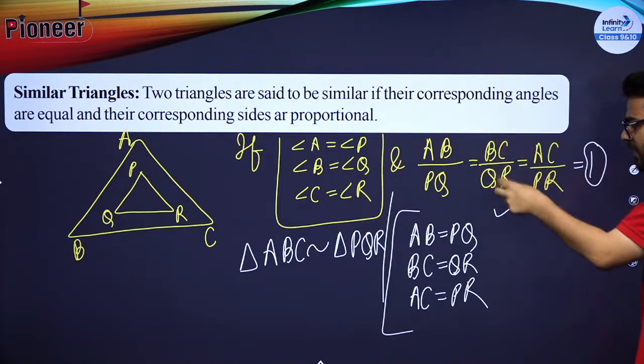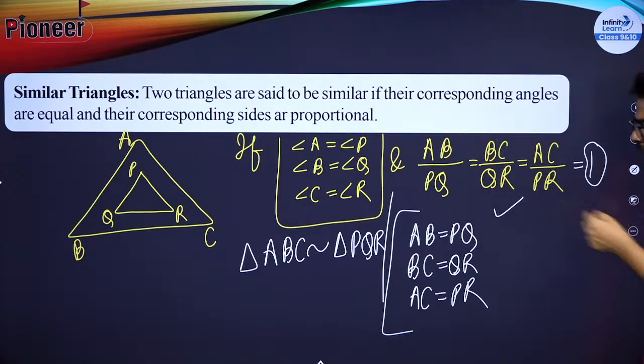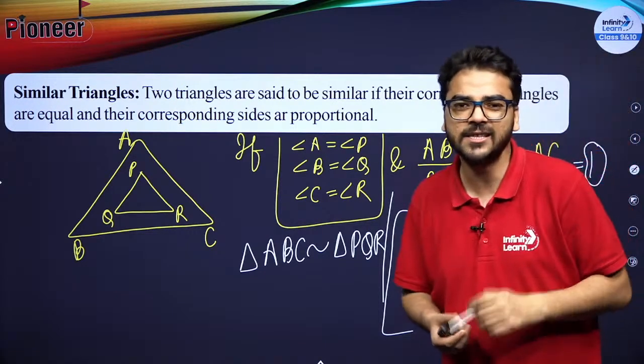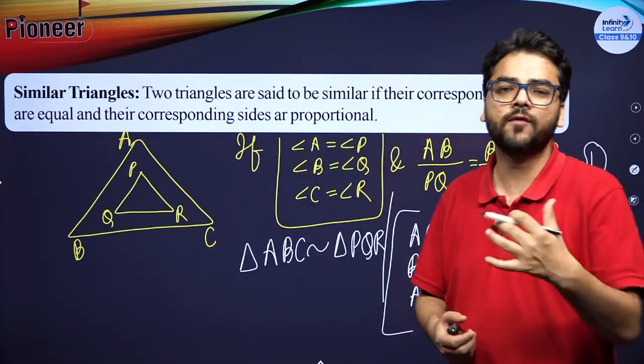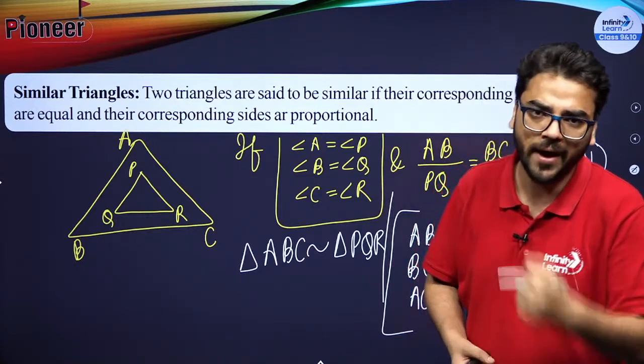In the same manner, if BC by QR is equal to 1, then BC is equal to QR. In the same manner, if AC by PR is equal to 1, then AC is equal to PR. So congruency is a special case of similarity when the ratio of corresponding sides is equal to 1.